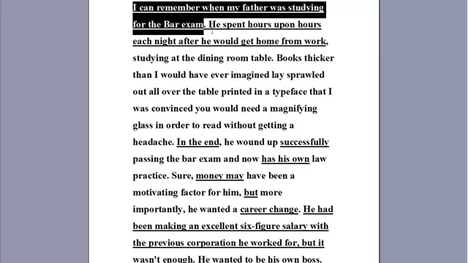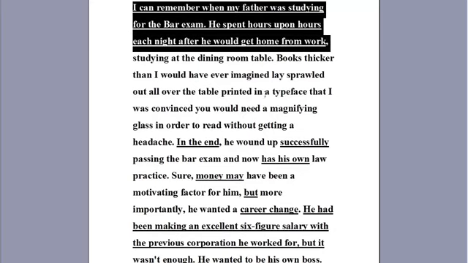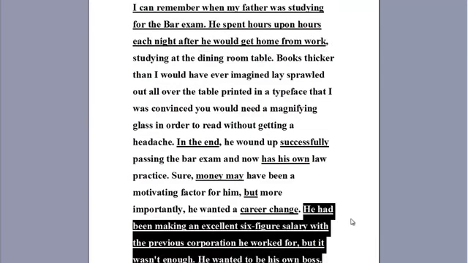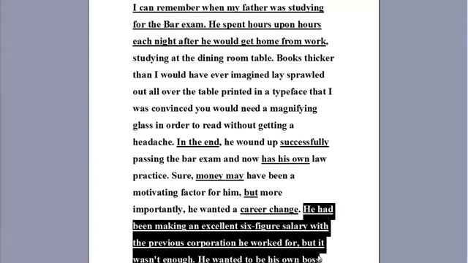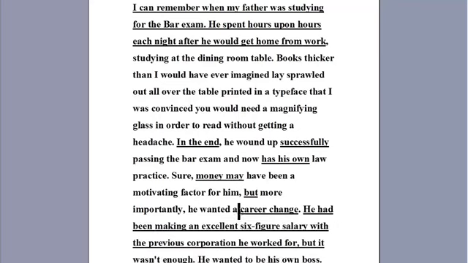We pay attention only to the beginning, we skim through the middle, and we also pay attention to the end. And what is the connection between the two parts here? The connection is that although he was very successful in his previous corporation, he wanted a career change.